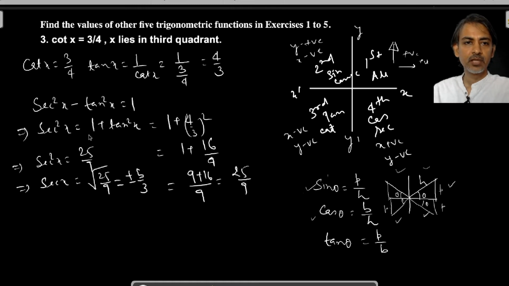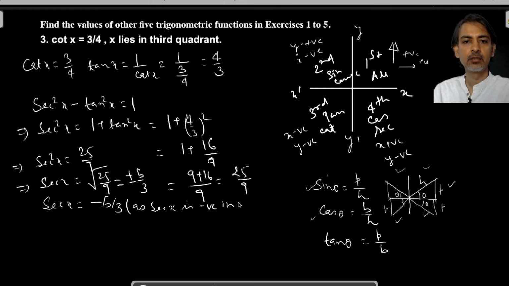But since it is given that it is in the third quadrant, we know that sec theta would be negative in the third quadrant; only cot and tan would be positive. So sec x would be minus 5 by 3, as sec x is negative in the third quadrant.